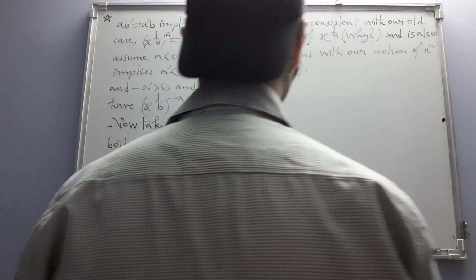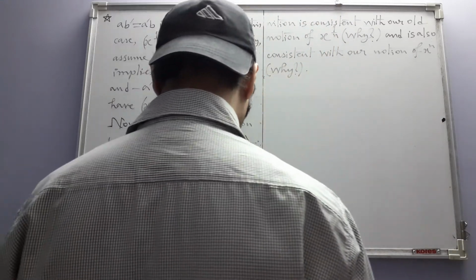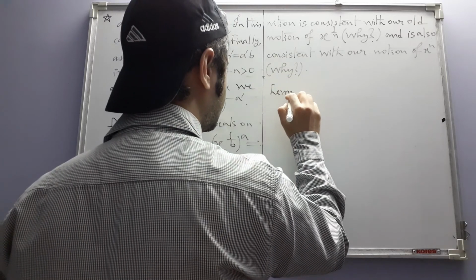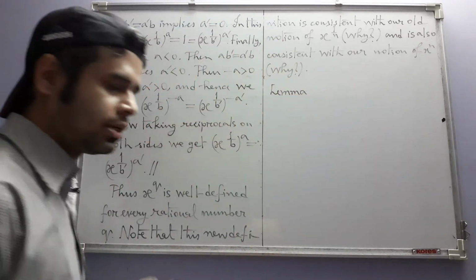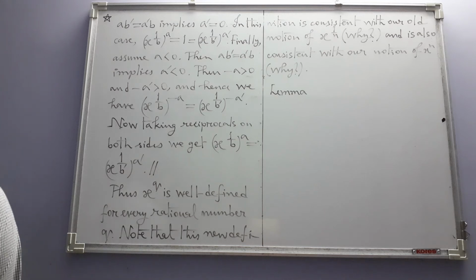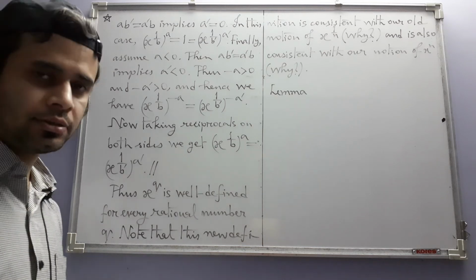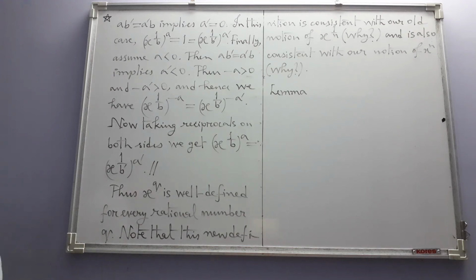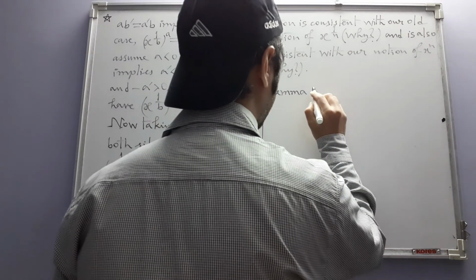And finally, let us state the next lemma where we allow the exponents to be any rational number, unlike only the nth roots. So that is this lemma 5.6.9.